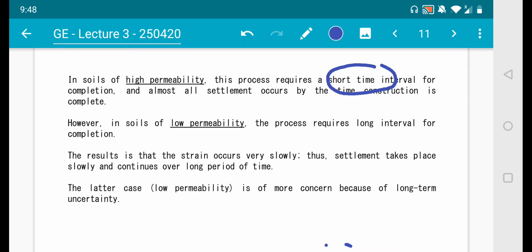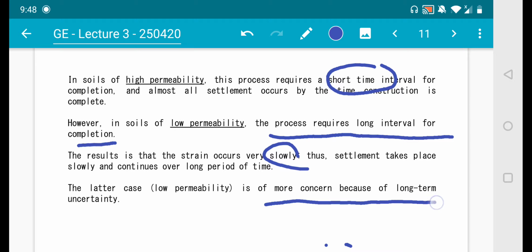However, in soil of low permeability, where water has a hard time penetrating the soil, the process requires a long interval for completion. The result is that the strain occurs very slowly, so settlement takes place slowly and continues over a long period of time. The latter case, low permeability, is of more concern because of long-term uncertainties.